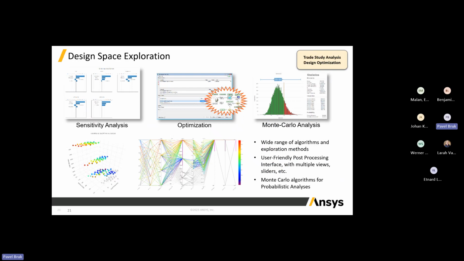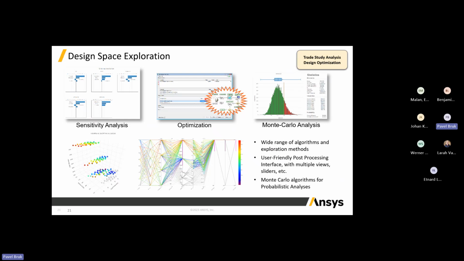The second set of functionality of ModelCenter is design space exploration. After you create this workflow, you can run it multiple times to execute particular trade studies and design optimization, using a wide range of algorithms and exploration methods built into ModelCenter, and such types of analysis as sensitivity analysis, Monte Carlo, probabilistic analysis, and so on and so forth.